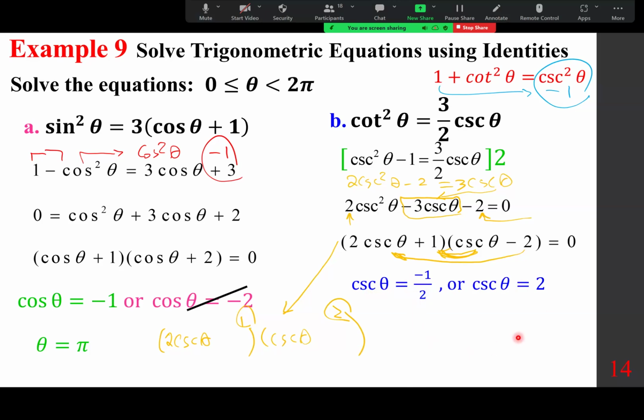The reciprocal of this is -2. The reciprocal of this one is 1/2. And this we know has no solution because sine is between -1 and 1. And this we know the answer is pi over 6 and 5 pi over 6.